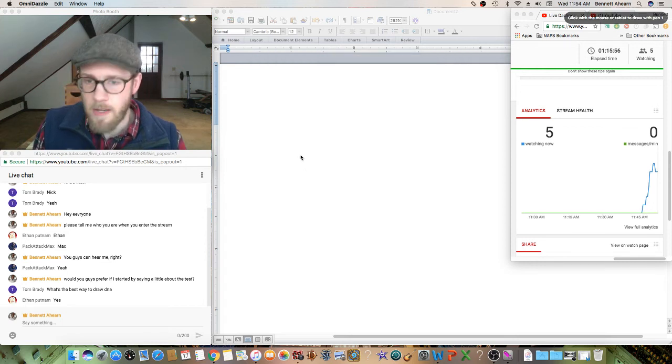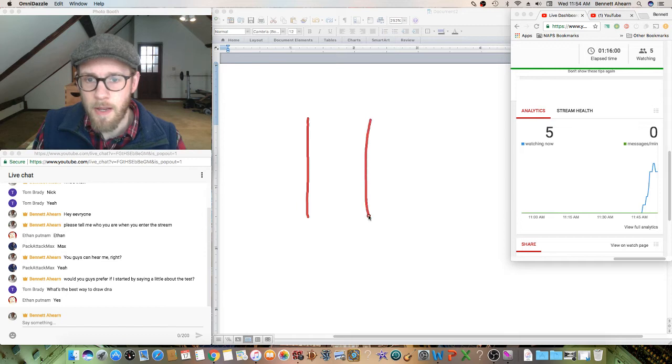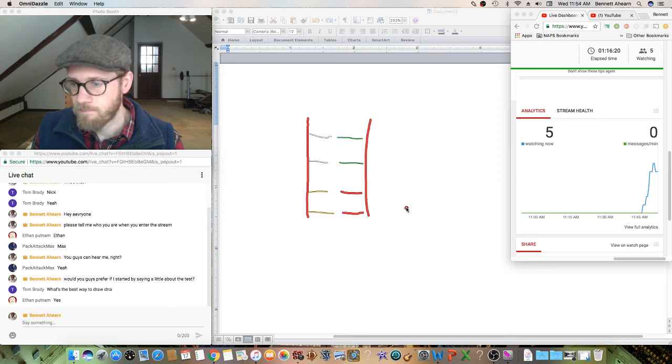If I were to draw DNA, I would do one side, do another side, and then base, base, base, base. I would say this is good enough for what I would expect from you guys. If you see what I'm doing here. Like that. Cool?